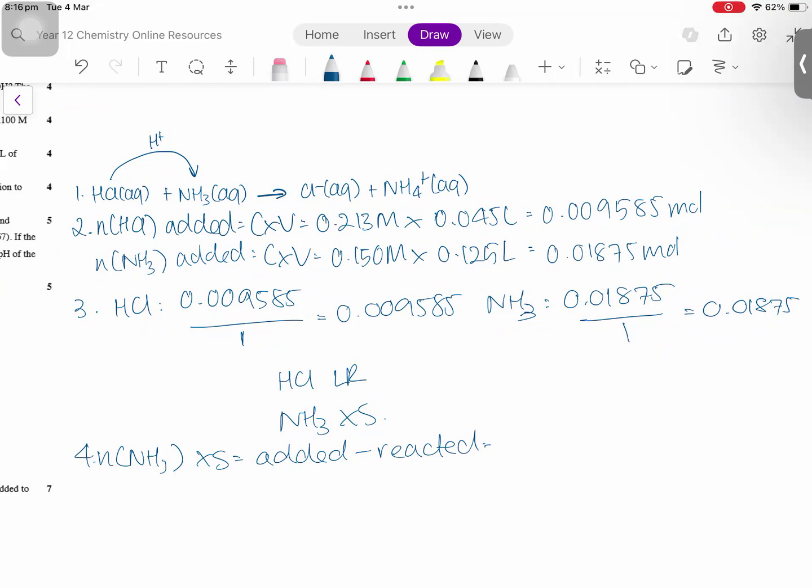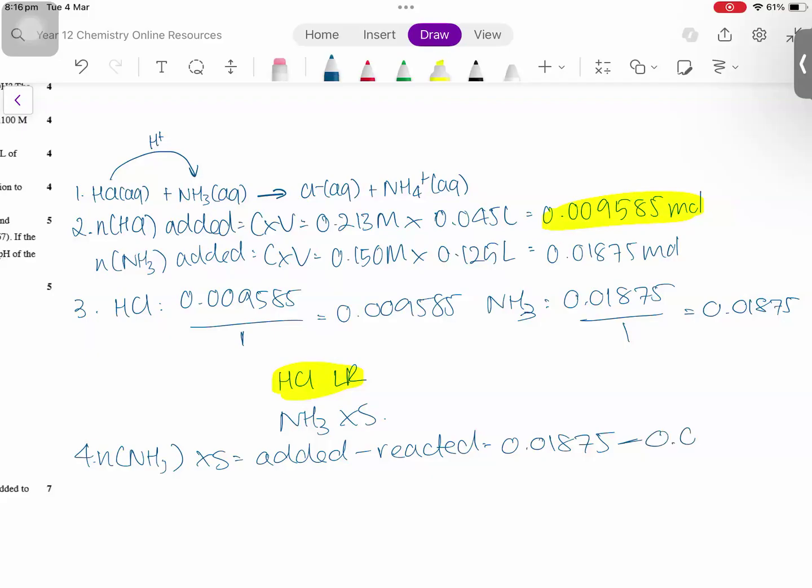The moles of NH3 that you added was 0.01875. The moles reacted is the moles that reacted with your limiting reagent. Your limiting reagent is HCl. How much HCl reacted? 0.009585. So that's the amount of NH3 that reacted with the HCl as well.